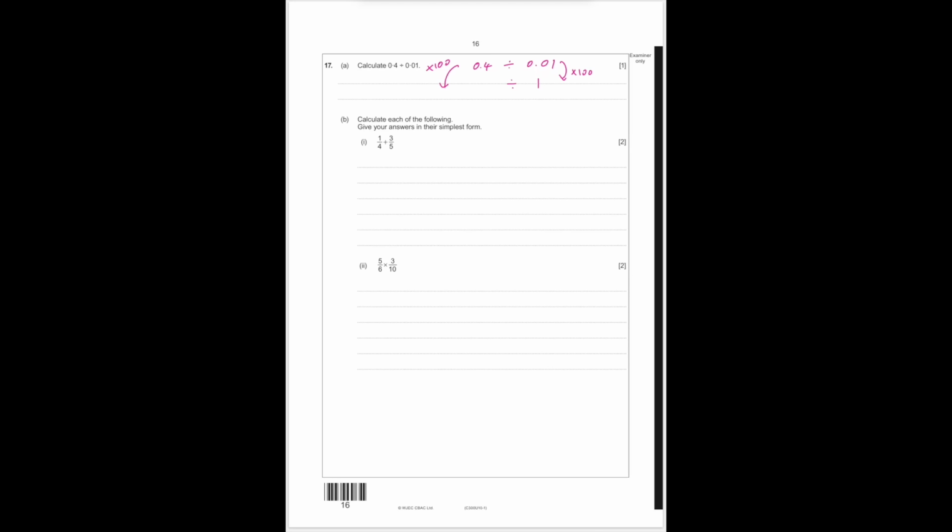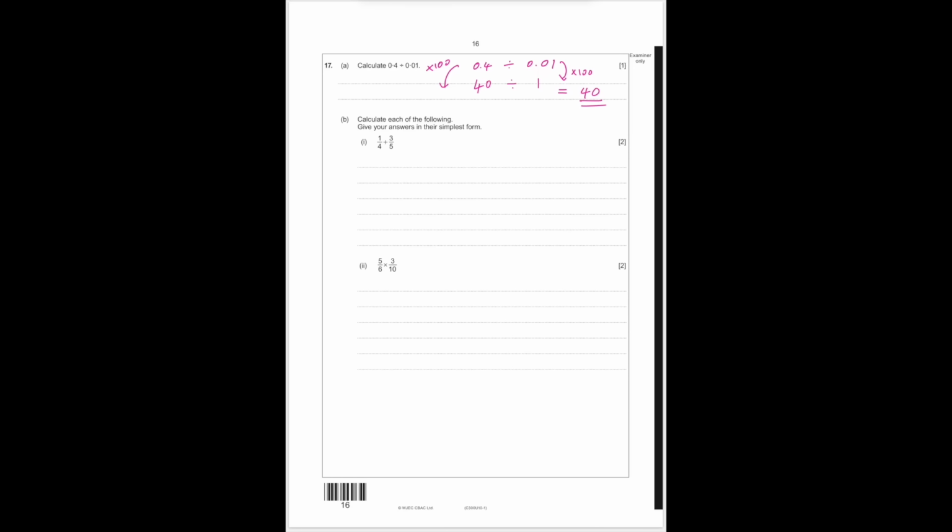If I don't, I'm going to get the wrong answer. So 0.4 times 100 is 40, and then I do 40 divided by 1, which is 40. Now, the good thing about division is because I multiply both sides by the same thing, I don't need to reverse that. So my answer is actually just 40.